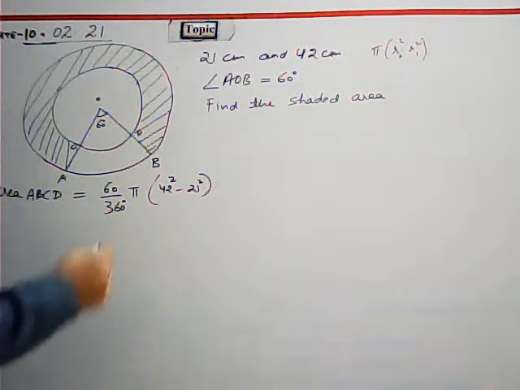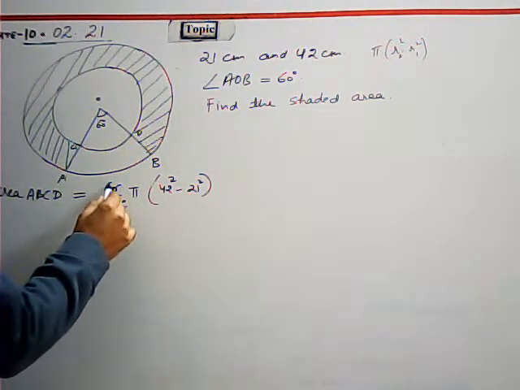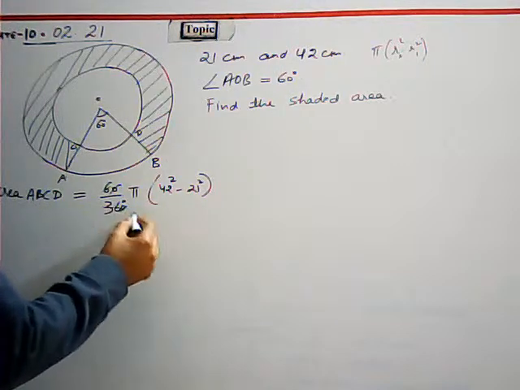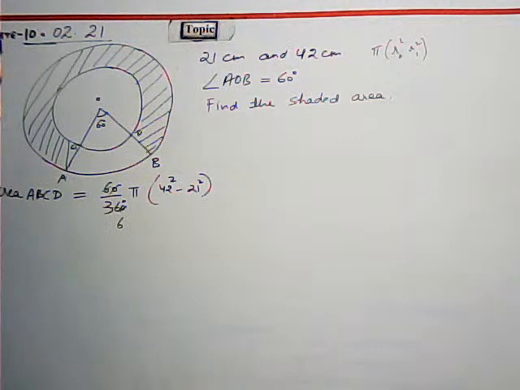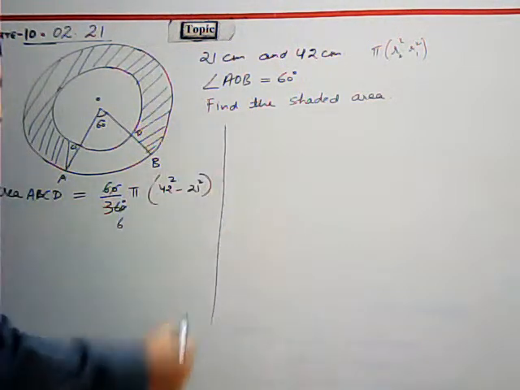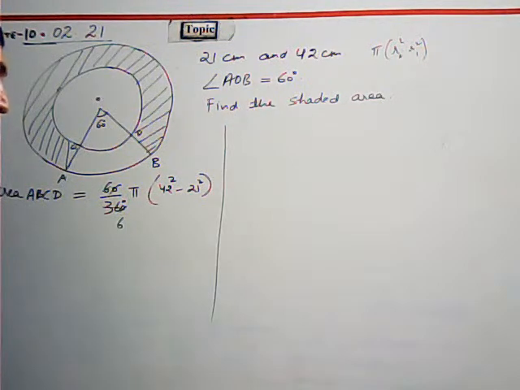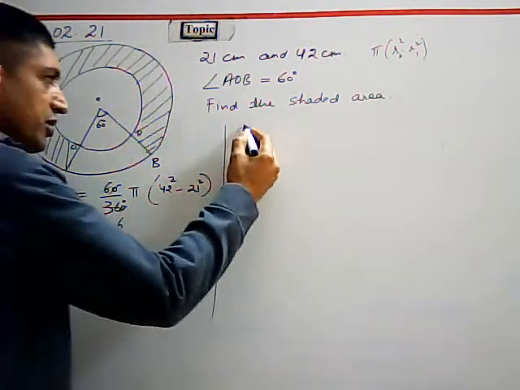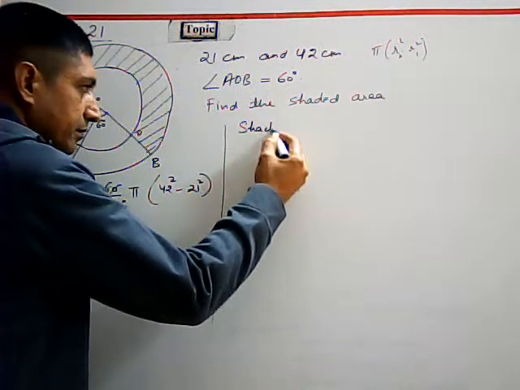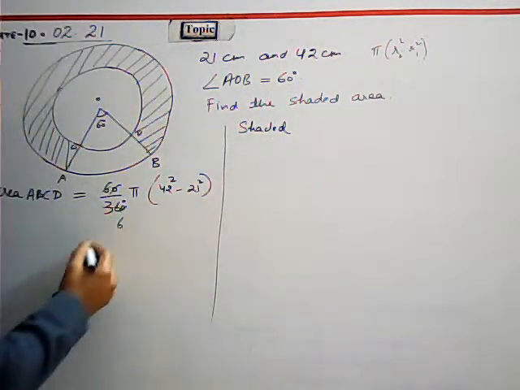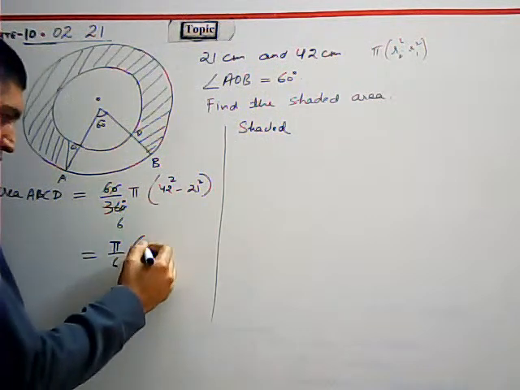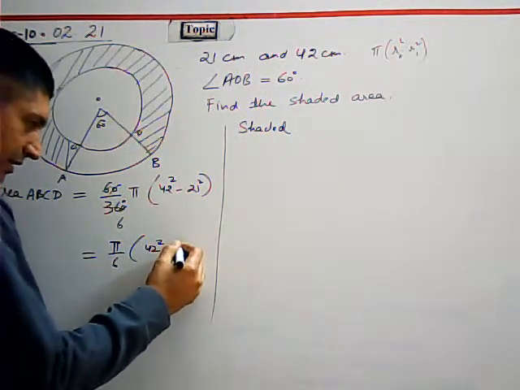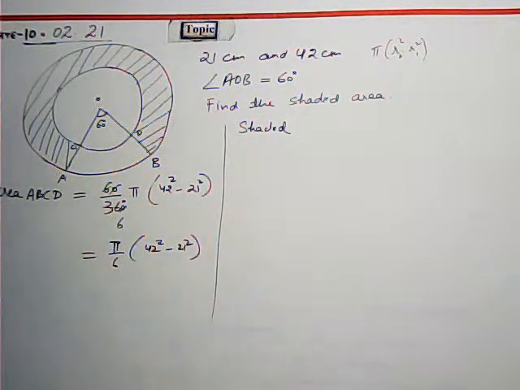So this area we will subtract, that is 1 by 6, right? 1 by 6 pi into 42 whole square minus 21 whole square, right?